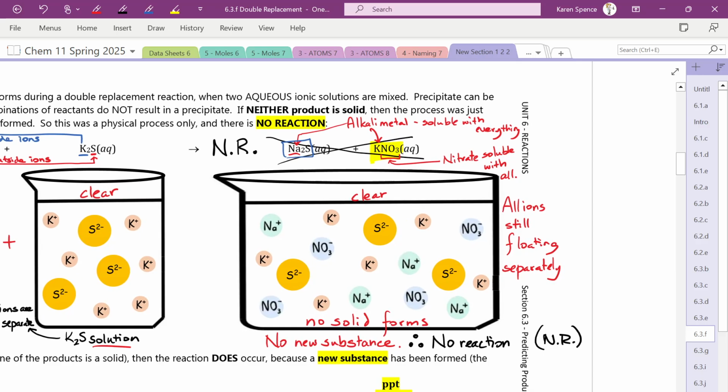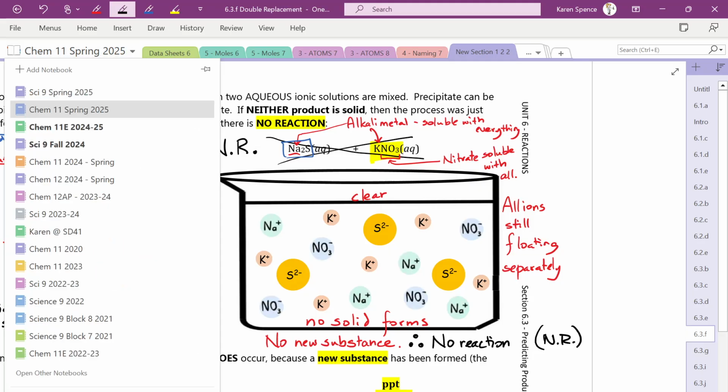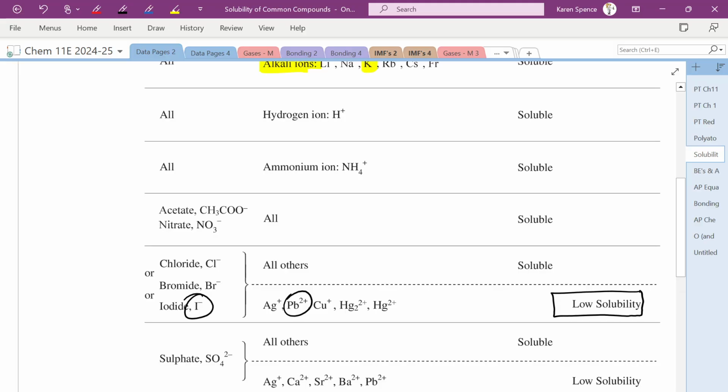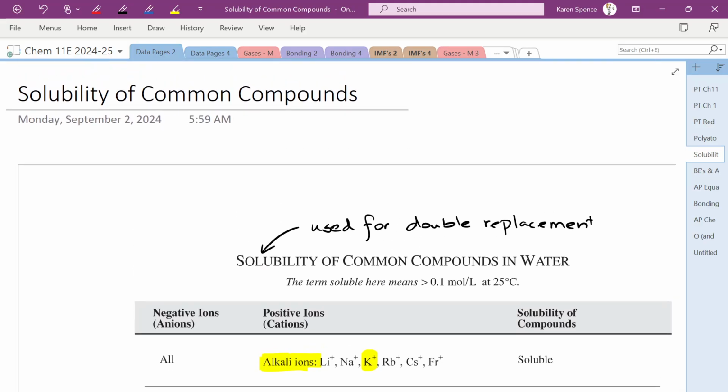So for single replacement, you use the activity chart, which is on the back, by the way, of this solubility chart. So if you would like to, on your sheet, you can write on the solubility chart, this is used for double replacement.